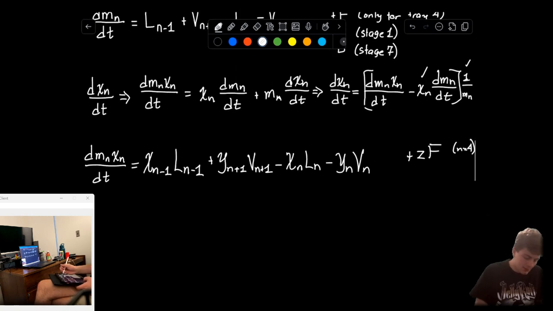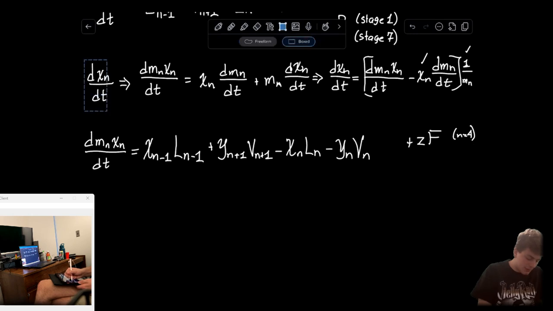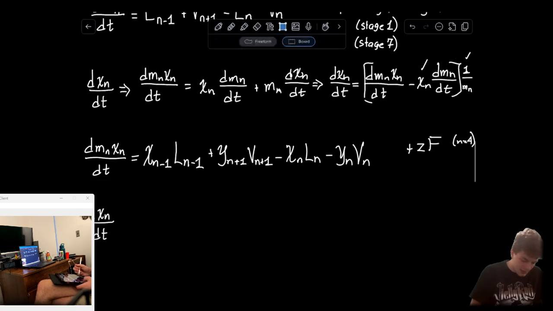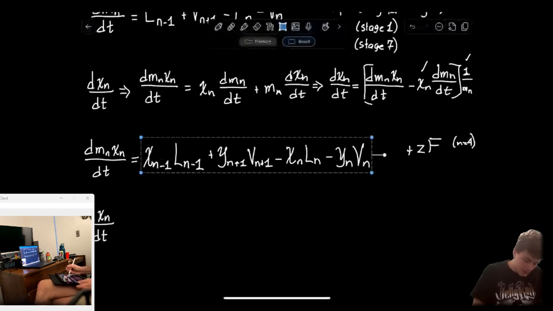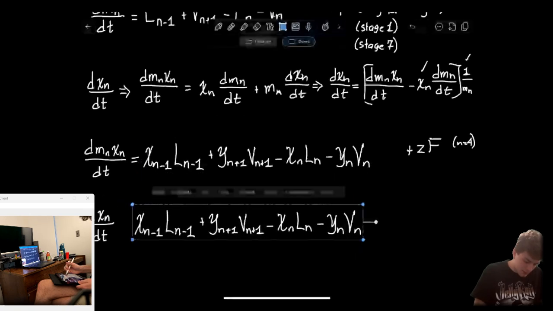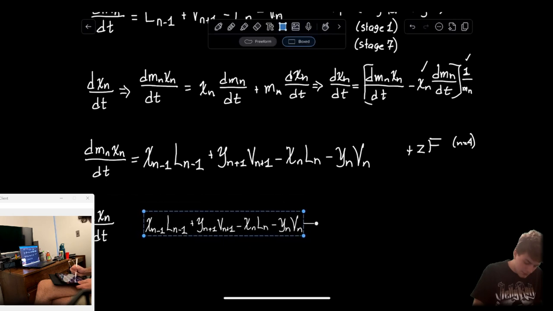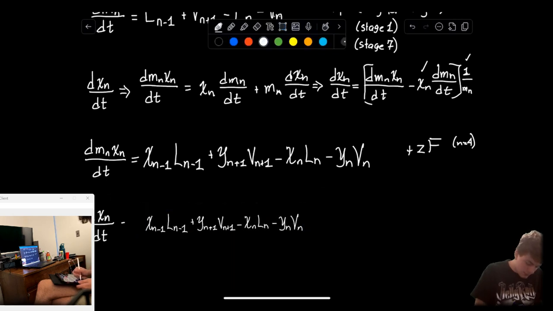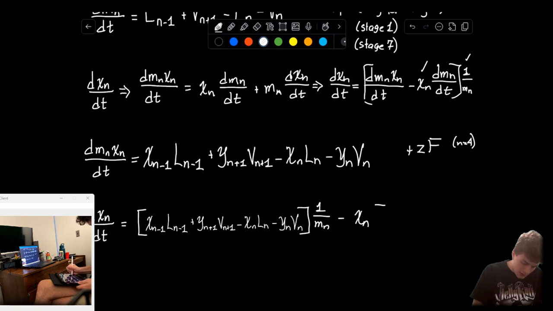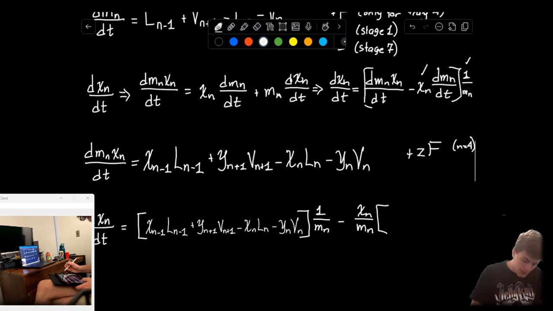Now from this, we can pretty easily manipulate our variables with a little algebra, define dx/dt, and we just say it would be this multiplied by that minus xn over Mn times dMn/dt.